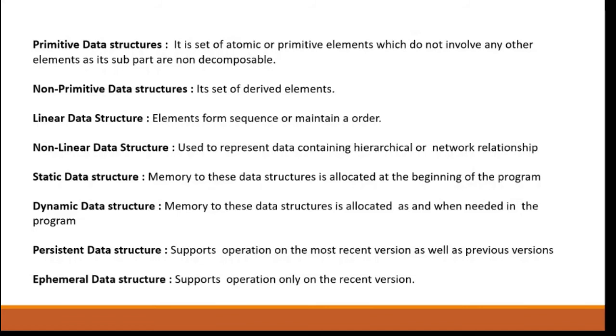Linear data structure. A linear data structure can be defined as a data structure where elements form a sequence or maintain an order. Every data element has a unique successor and a unique predecessor.